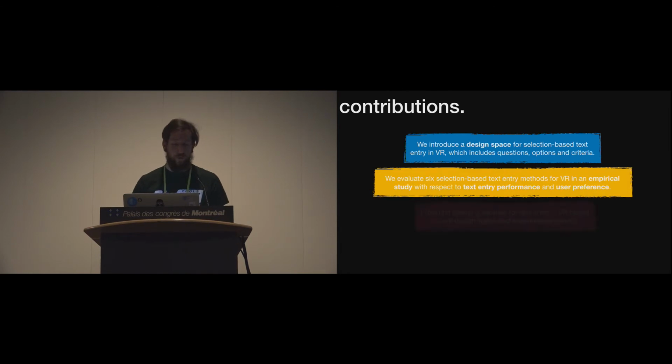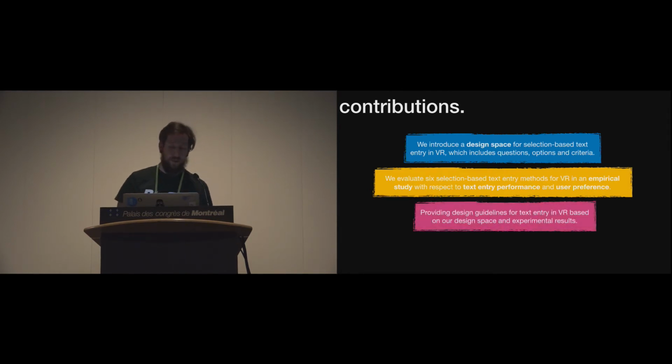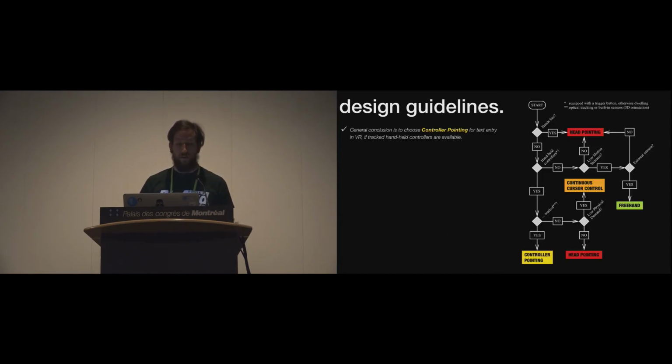So we come to our third contribution, which is some guidelines for text entry in VR based on our design space and our experiment results. If you want to type fast and concentrate on efficiency, maybe you should use a physical keyboard. But if you're standing or for mobile use, you should take a look at our flowchart, as you can see here.